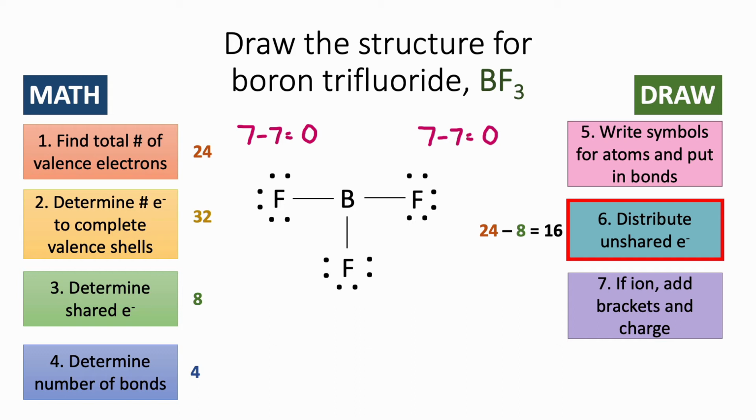For boron, which as a free atom has 3 valence electrons, now this has 3 shared electrons. 3 minus 3 is 0. For this fluorine, it now has 6 unshared electrons and a shared one, that's 7, and fluorine likes to have 7, so 7 minus 7 is 0. So by just reducing the number of bonds that boron has and making it unshared on fluorine, we have made this a much more stable atom from a formal charge point of view.